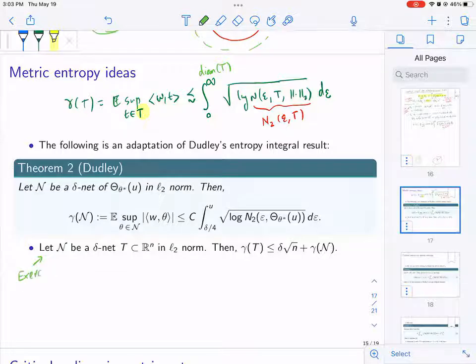This is the exercise. We can pick a delta net in T. Then you can show that the Gaussian complexity of T would be at most delta root n plus the Gaussian complexity of the net. You can do this as an exercise. It's a very nice property of the Gaussian complexity. I'm going to pay a price of delta root n plus the Gaussian complexity of the net, which I can control by this.